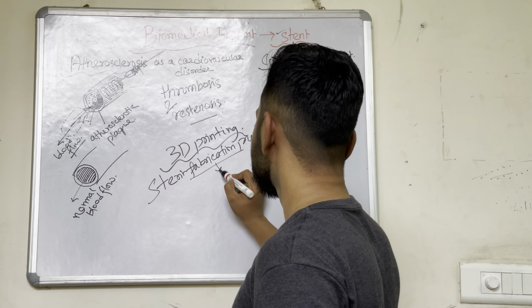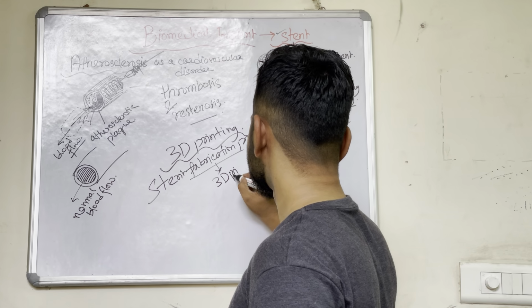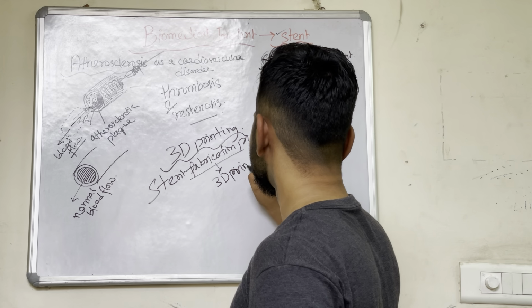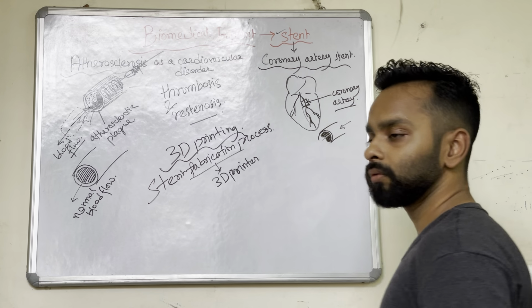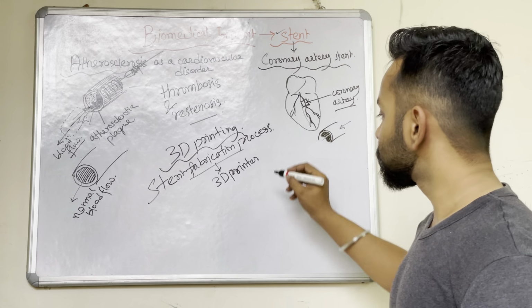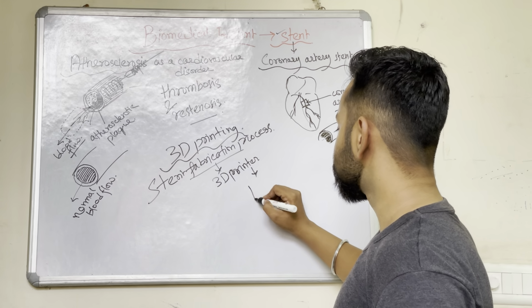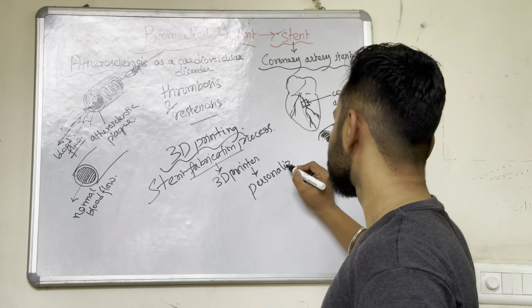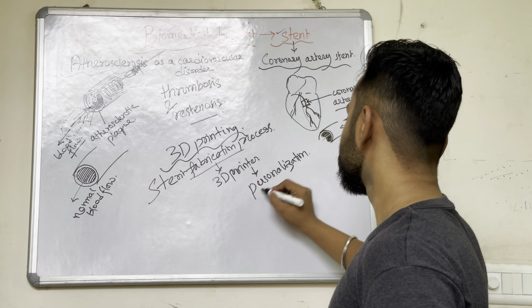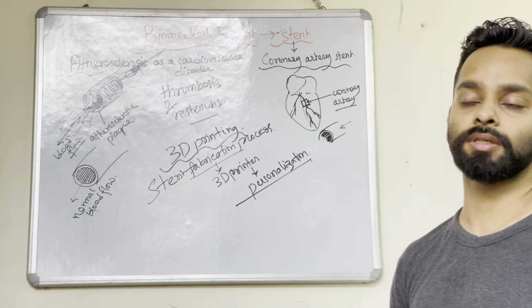For this, a 3D printer is required. Now, this helps in the process which is known as personalization. Now, what is it, and what is the advantage of this procedure?